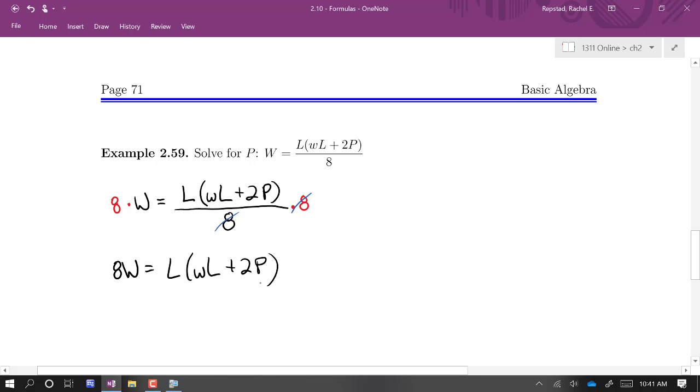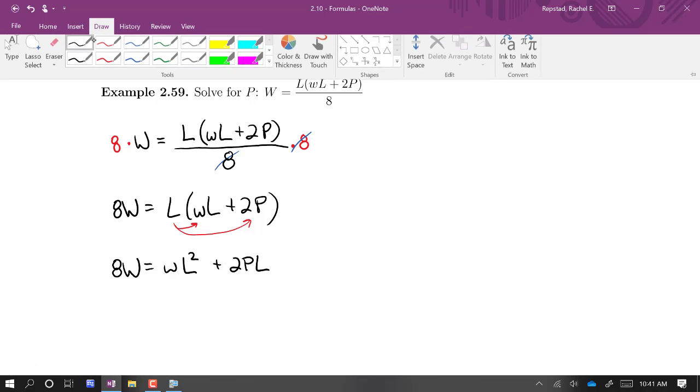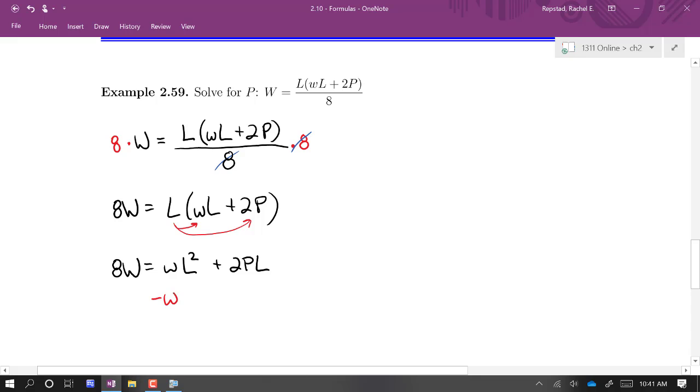Now I'm going to get the p out of the parentheses, and I'm going to do that by distributing this factor of L. So 8 times big W is little w times L squared plus 2pL. I'm going to isolate the term that has p in it. So I'll subtract little w L squared from both sides.